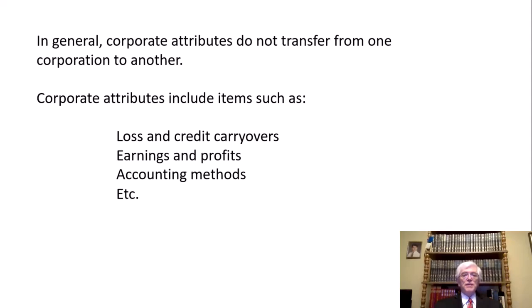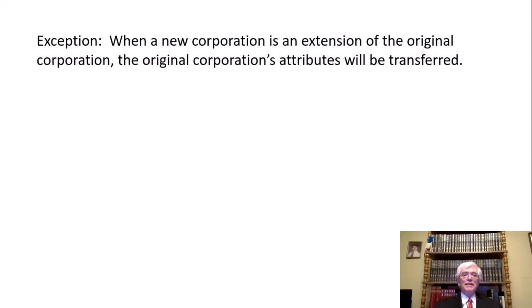Think of the things we talked about with the type F, all the various things that would transfer from the New York corporation to the Delaware corporation, the tax ID number, everything. Those are all corporate attributes which generally don't transfer from one corporation to another, but sometimes they can.